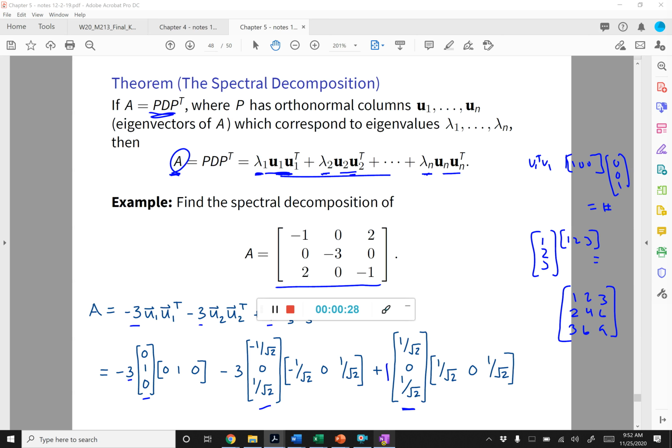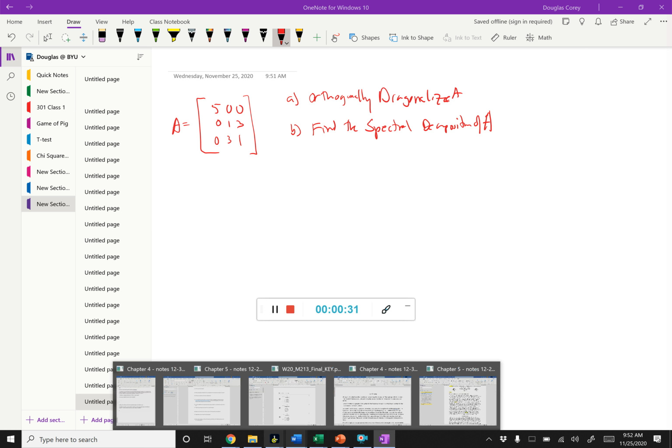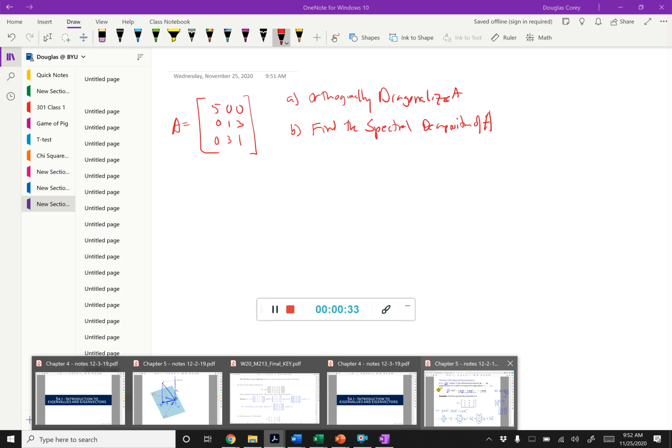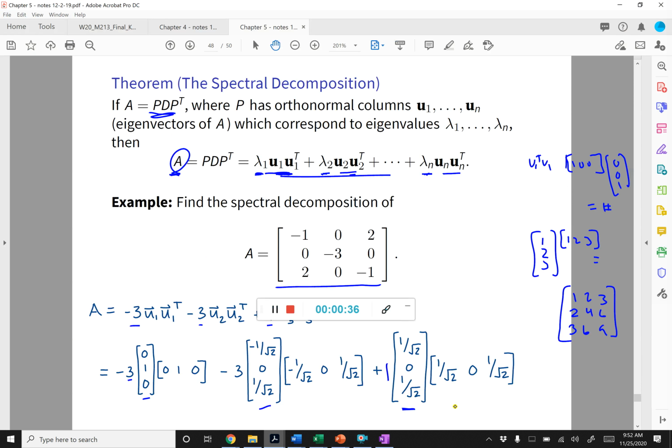So, just a reminder, the spectral decomposition is a way of writing down a matrix. This only deals with real symmetric matrices, but if it's real and symmetric, then we can write it down in a special way: the eigenvalues times the product of the orthonormal vectors corresponding to each of the eigenvalues.